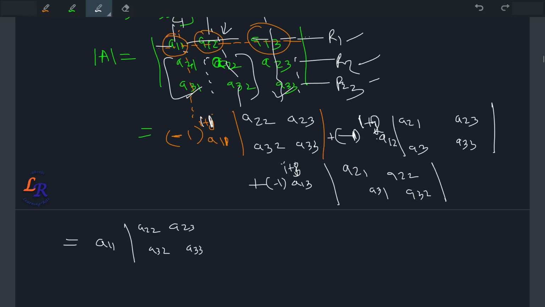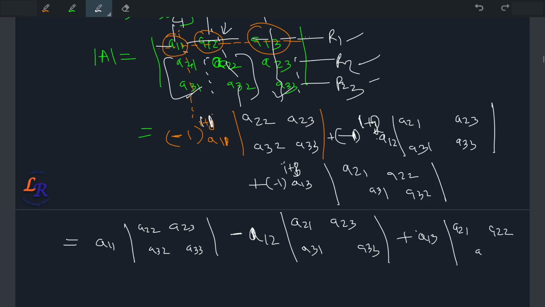Now you see how 3 cross 3 is expanded in terms of 2 order determinants. Here 1 plus 2 is equal to 3, so it will become -1, and then minus A12 times the determinant A21, A23, A31, A33, right? Similarly for this, 1 plus 3 is 4, so it will become plus A13 times the determinant A21, A22, A31, A32, right?